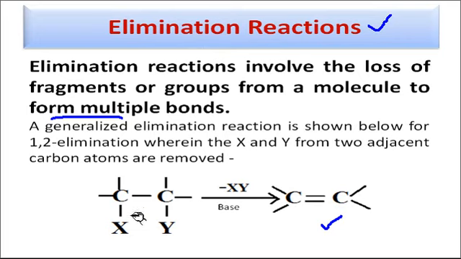For example, this is a generalized 1,2 elimination reaction, in which one atom from carbon atom number 1 and a second atom from carbon atom number 2, two adjacent carbon atoms, are eliminated as leaving groups, resulting in the formation of an unsaturated hydrocarbon. This is the simplest example of an elimination reaction.